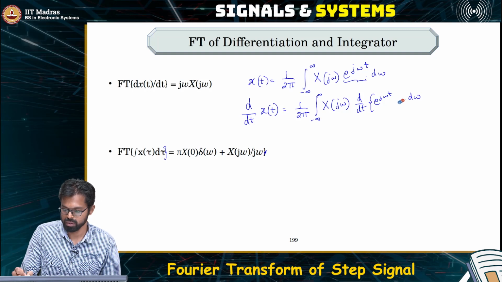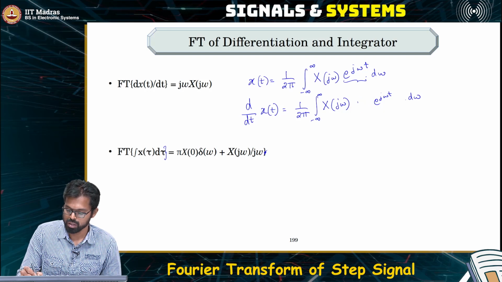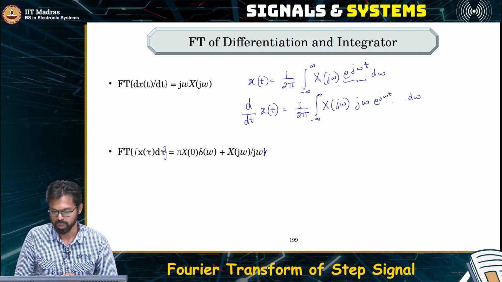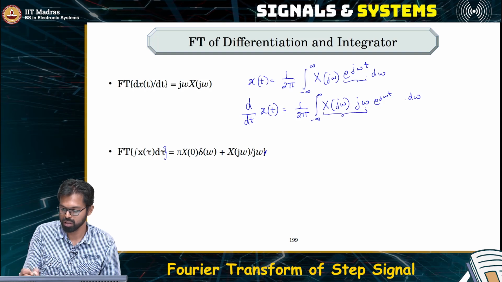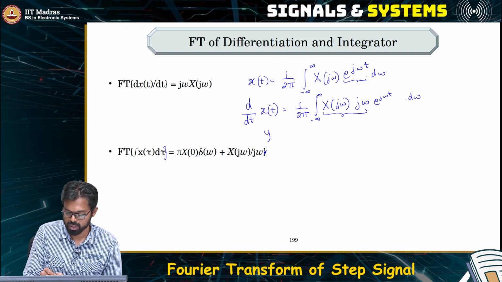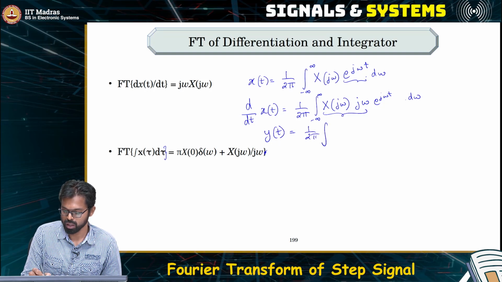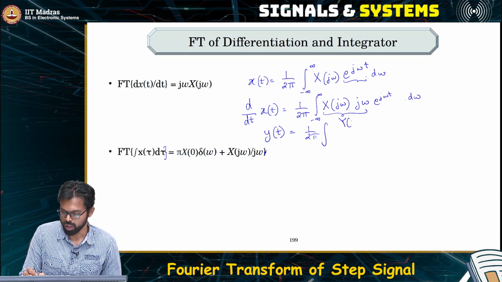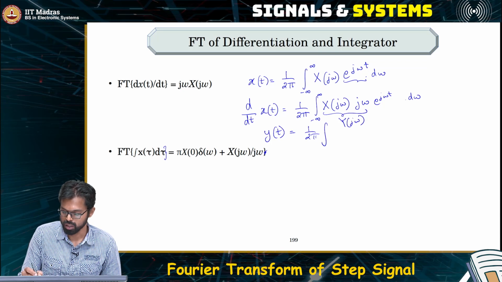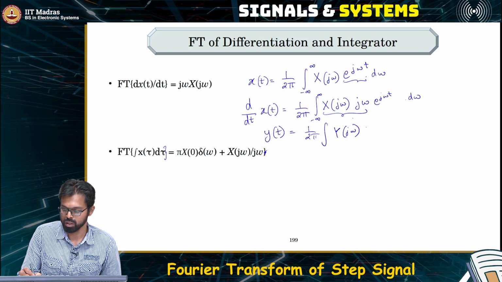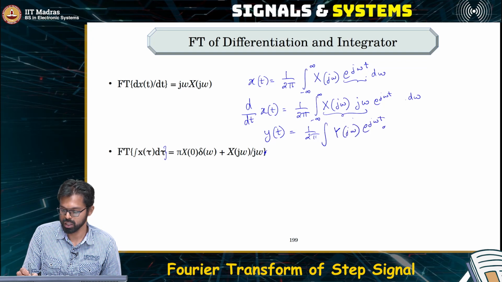If you take the derivative, you get j omega times e power j omega t, which is as good as saying that if this is some y of t, then 1 by 2 pi, let us call this y of j omega, then you have y of j omega e power j omega t d omega.